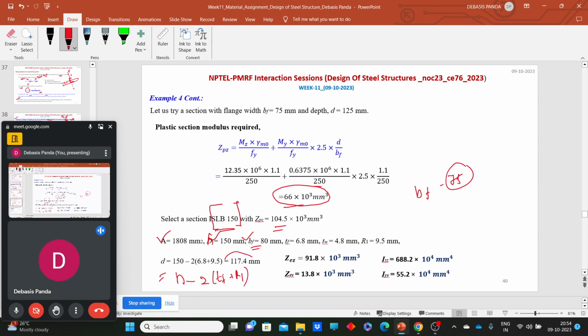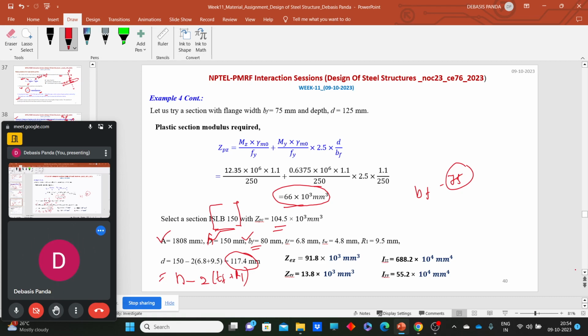So the value of effective depth d comes as 117.4 mm. Here we have selected the section, and we have collected all the data which will be required for the section.